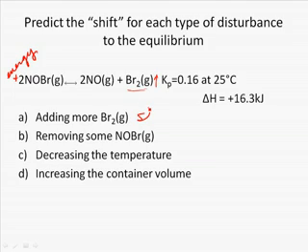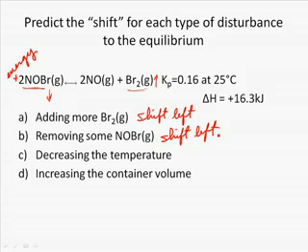So it will shift left so that it consumes some of that additional bromine. If we remove some of our reactant, then it's going to shift in a way to make more of that reactant. So this one, it would also shift left.